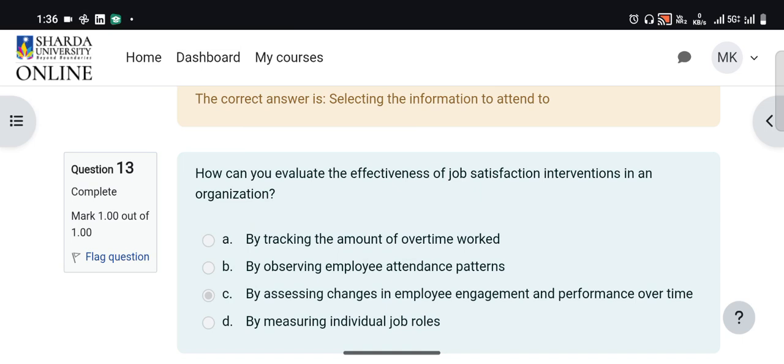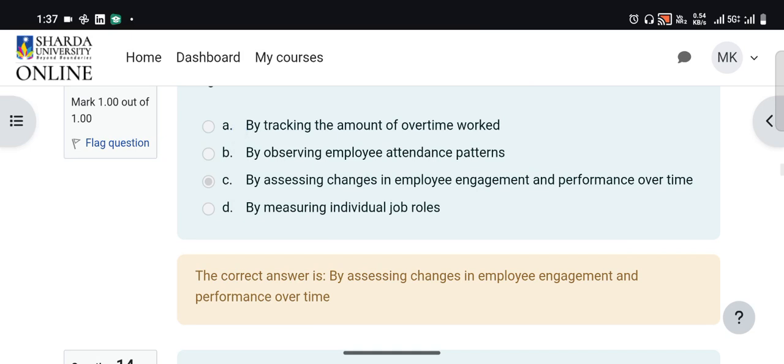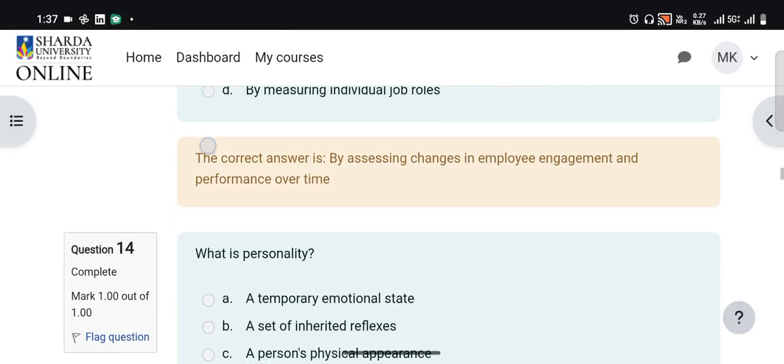Option C, by assessing changes in employee engagement and performance over time. Option D, by measuring individual job roles. The correct answer is by assessing changes in employee engagement and performance over time.